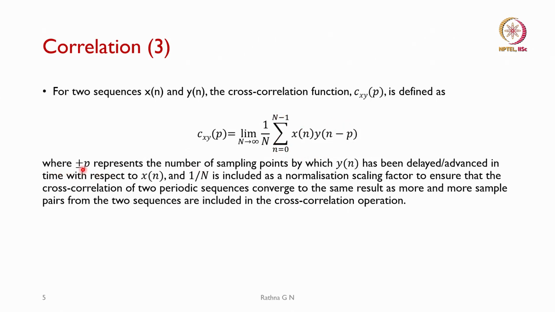Here, n minus p represents the number of sampling points by which y of n has been delayed or advanced in time with respect to x of n, and 1 by N is included as a normalization scaling factor to ensure that the cross correlation of two periodic sequences converges to the same result as more and more sample pairs from the two sequences are included in the cross correlation operation. So, we are trying to avoid the overflow by scaling it.